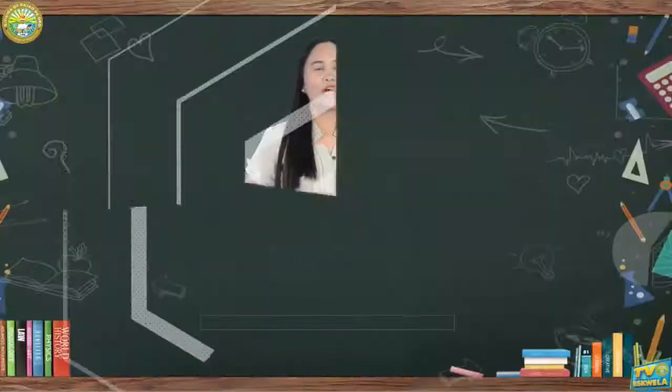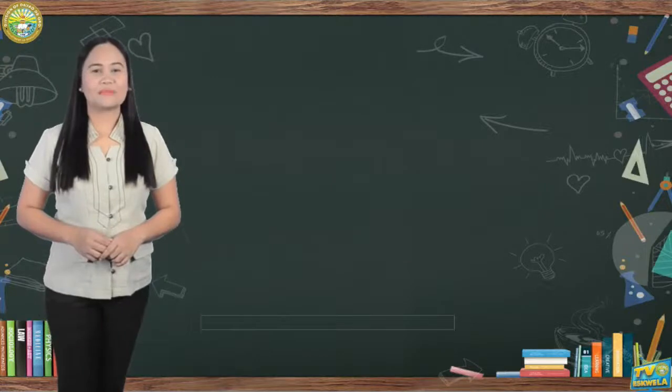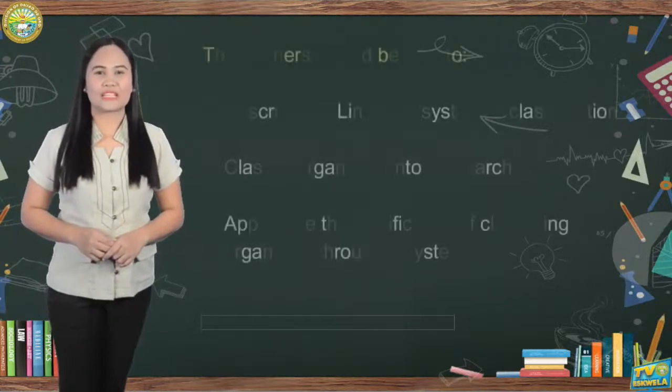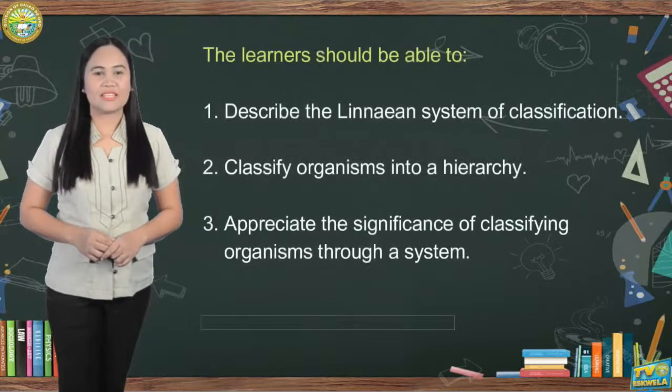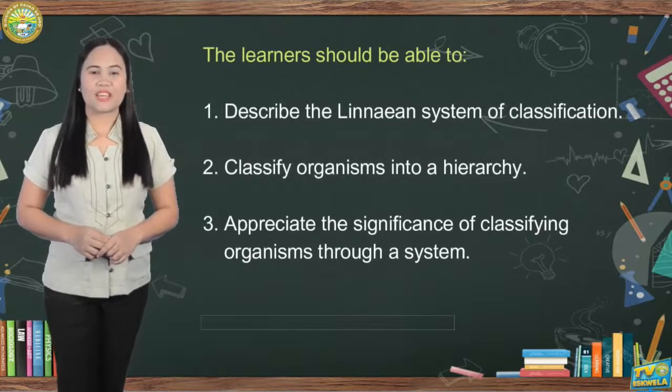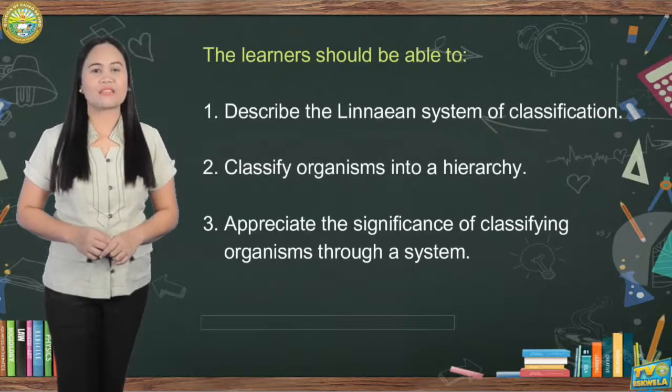After watching this video lesson, the learners should be able to: first, describe the Linnaean system of classification. Second, classify organisms into a hierarchy. And third, appreciate the significance of classifying organisms through a system.